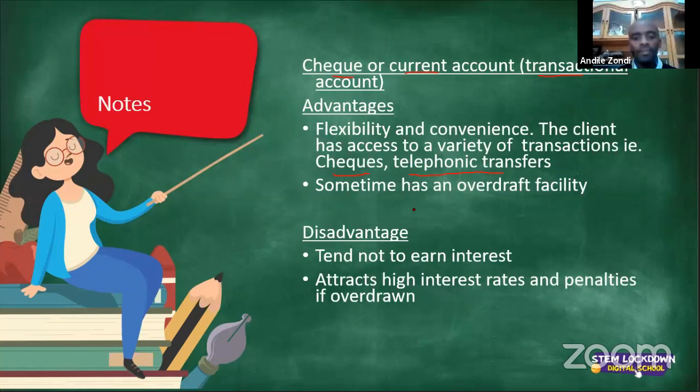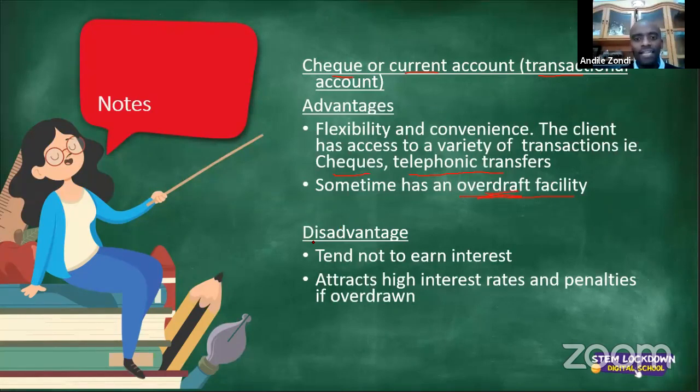Another advantage is sometimes you're able to have an overdraft facility. This is where you actually use the bank's money. If you run out of money in your account, you can still do purchases. So the bank will actually loan you that amount of cash. Obviously, you pay it back, but you can use this facility if you have a check account.